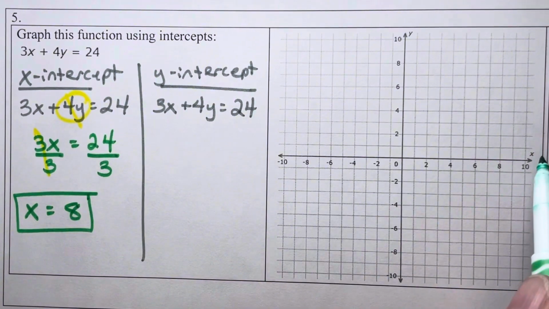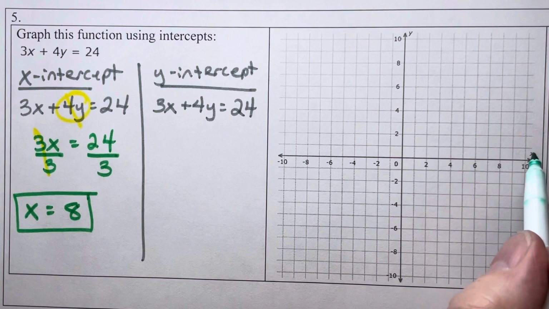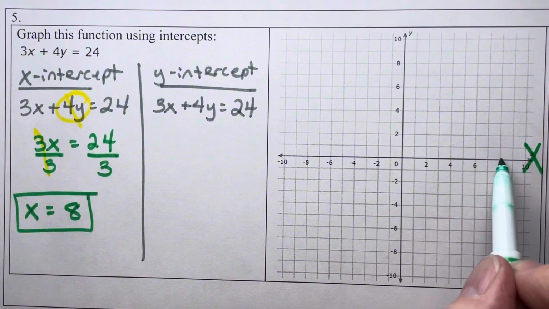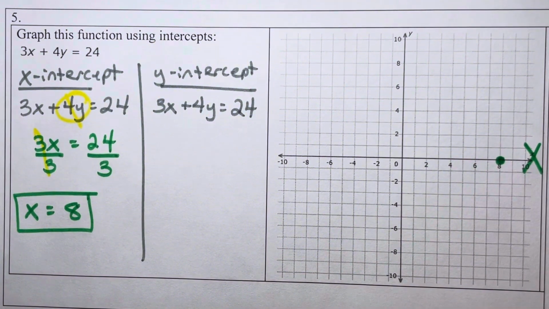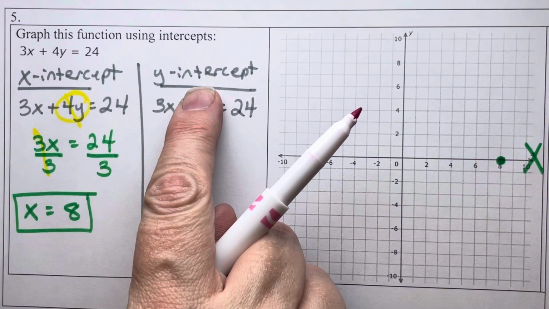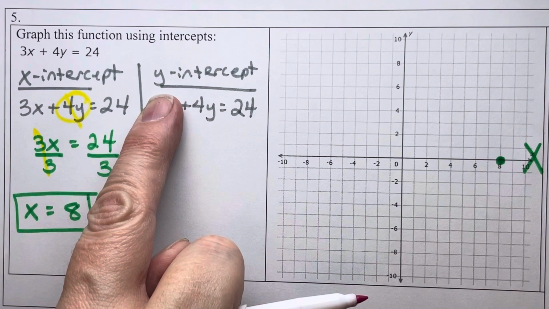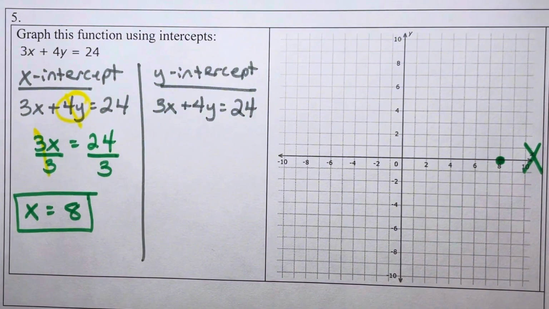With our x-intercept horizontally placed in the center of our coordinate plane, we place a point on x equaling 8. Awesome. All right, let's finish this up. The y-intercept tells us that we don't need our x term, so I can cover that up or I can mark it out.